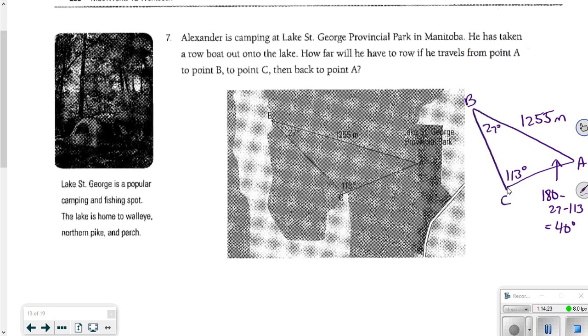Then we're going to do our sine law twice. Once to find side A, so the side across from angle A. Once to find side B, the side across from angle B. Okay, so let's just do A first. This is the pair that we know. We're going to use that for both of our fractions.